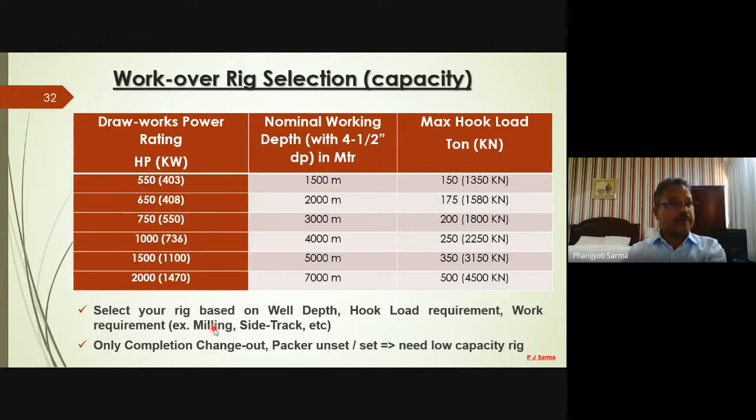Are you going to do a milling operation? Then possibly even if the depth is 3000 meter, possibly 750 may not work. Then we have to select the higher capacity rig. Or we are going to do the side track. Then also, because side track is a kind of drilling. So based on all these objectives, your capacity has to be decided.